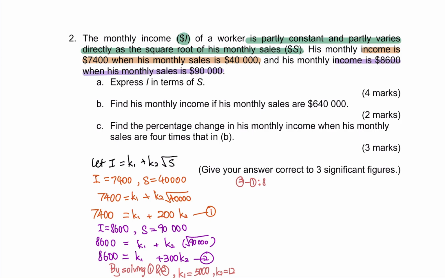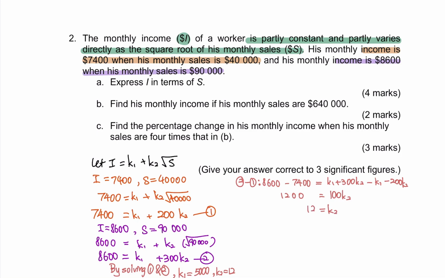So the answers first, 8600 minus the 7400 equals to the unknown side minus that minus that. And what do you get? K1 minus K1 cancelled out. 300 minus 200, 100 K2. And how about here? What do you get? It's 1200, and then this 100 goes there, so K2 equals to 12.